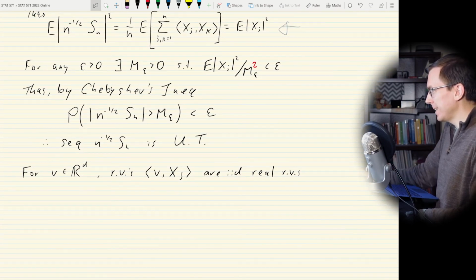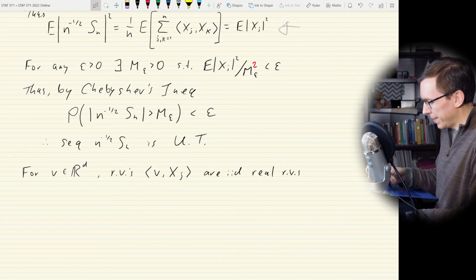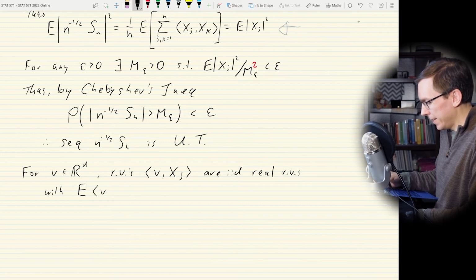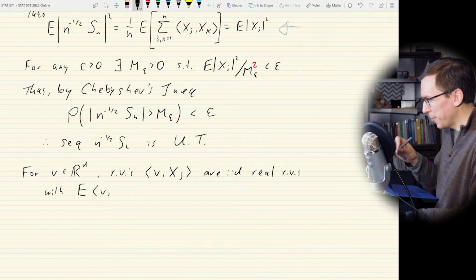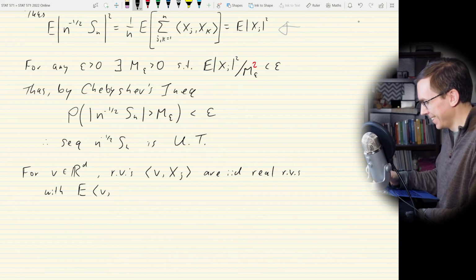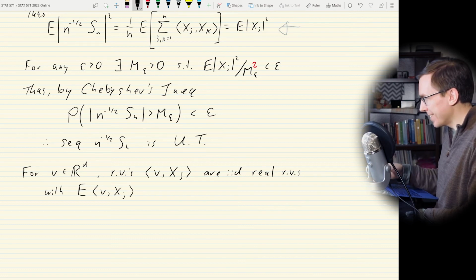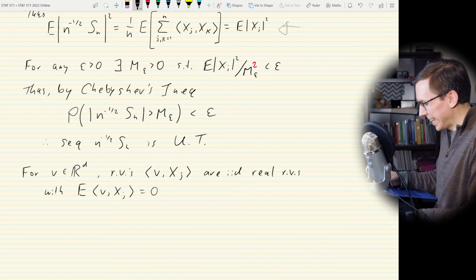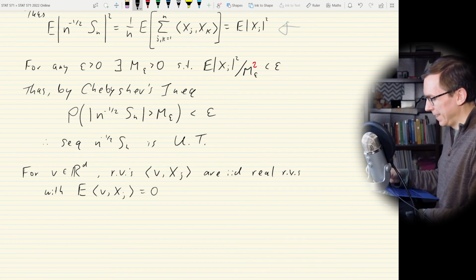But anyway, with the expected value, by the linearity of this, we get 0 mean.